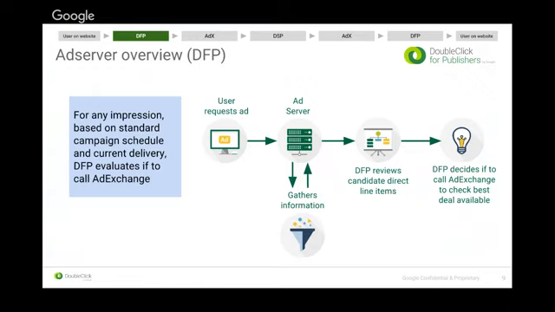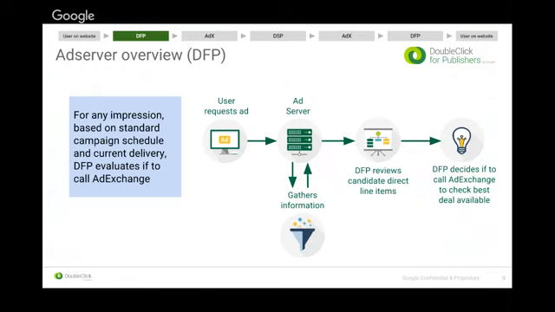As you all know, within the ad server, you have very different types of campaign. So we have sponsorship, standard campaigns, AdX as well. Through a mechanism that is called enhanced dynamic allocation, and we're going to dedicate a few slides a little bit later in the presentation, DFP is able to understand if there is space to call ad exchange, and that means whether standard or sponsorship campaigns are suffering from delivery or not.